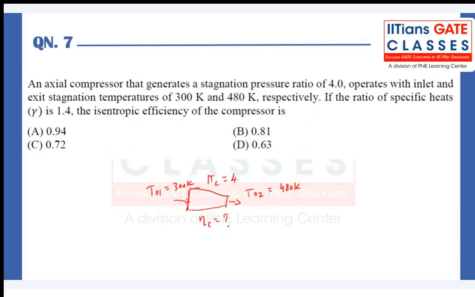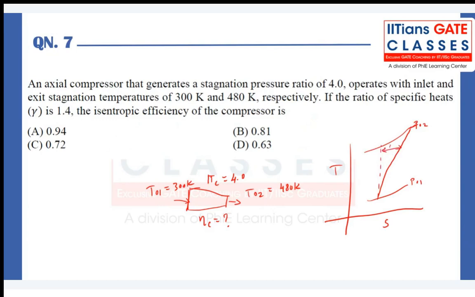So now, if I look at my TS diagram very carefully, I have a state 1 at P01 and it is rising to P02. That is my pressure ratio P02 to P01 in an actual, adiabatic process. Right? So the actual process is such that the rise in entropy can be seen.